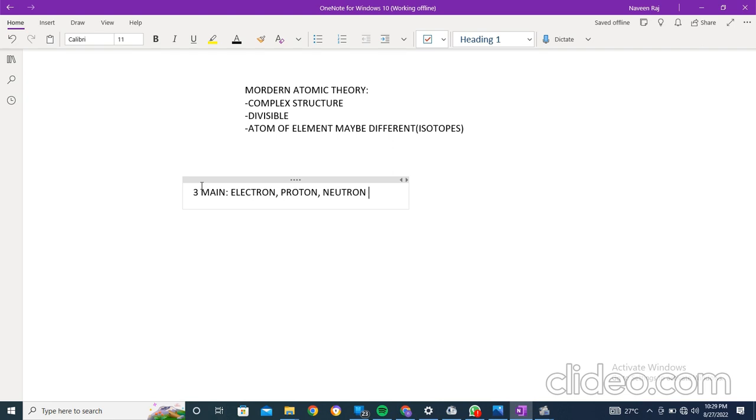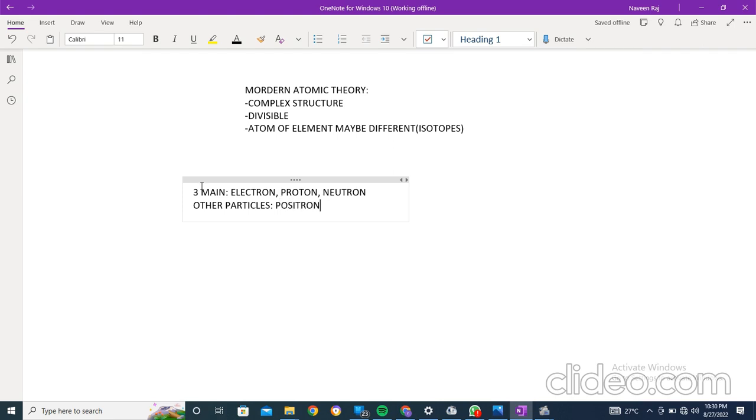And after that we also have other particles discovered. We have discovered positron, and we have discovered the neutrino.